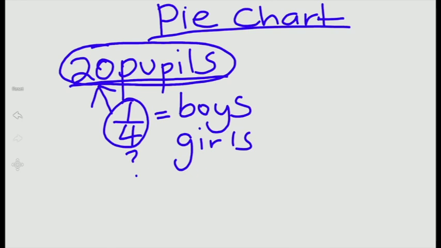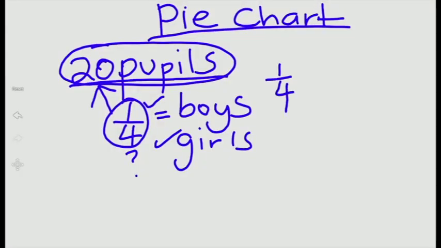And then we are told that the fraction that represents the boys is the quarter. The quarter is for the boys, and we are not told about the fraction for the girls. So for us to move on with the other questions, we need to work out the fraction that represents the girls.